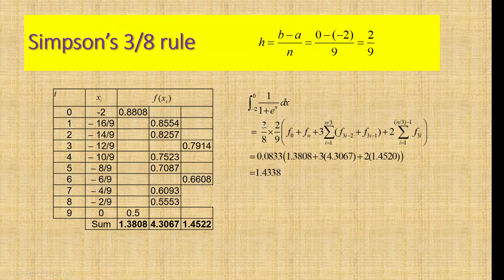Then put it into the formula of Simpson 3/8. So 3/8 times h, where h is 2/9. Take fractions first, then floating point.